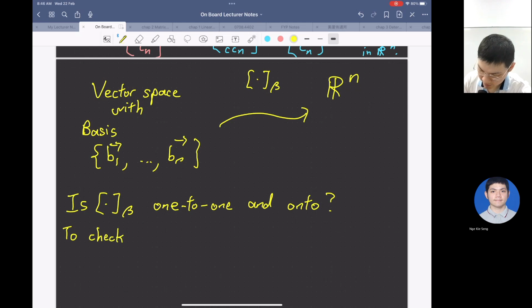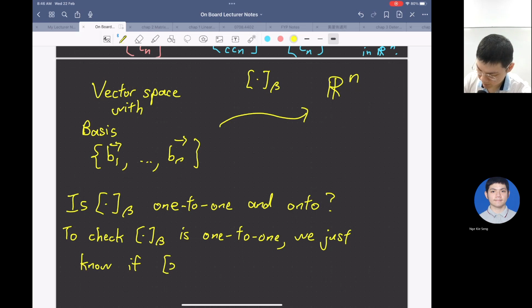So to check the linear map is 1 to 1, let me write T here.